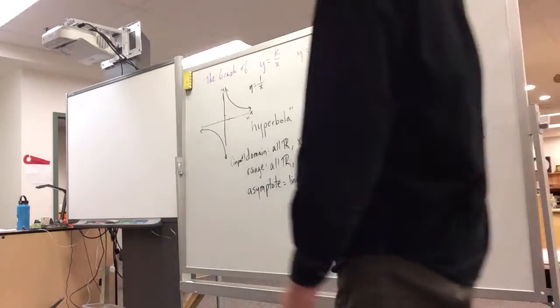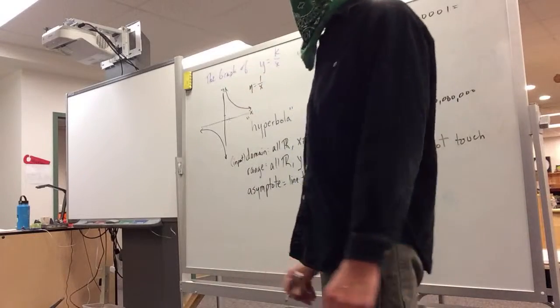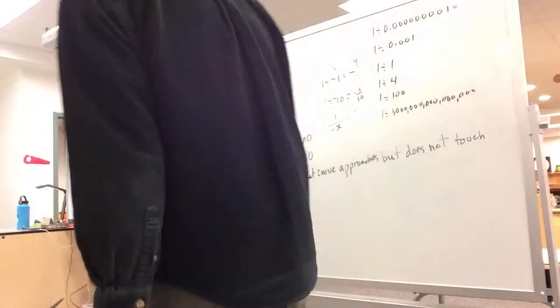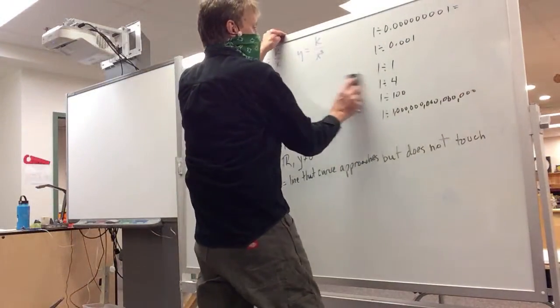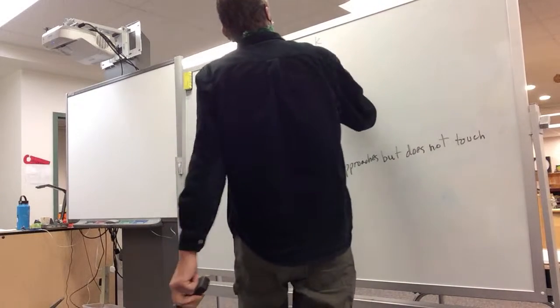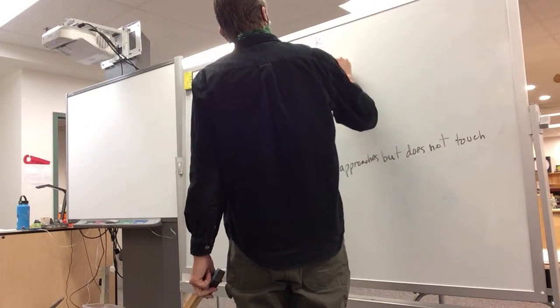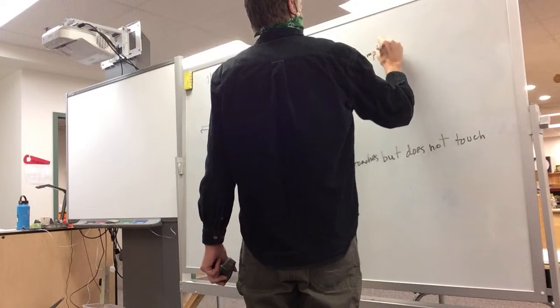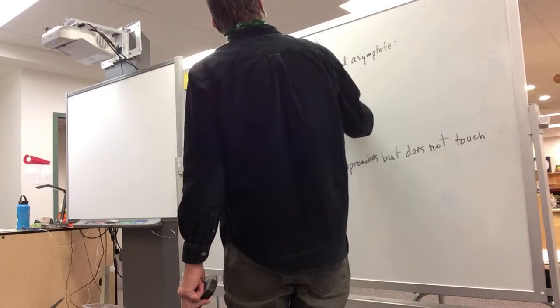And these kinds of functions have asymptotes. So I'm going to do a little bit of writing up here, get rid of some of this. And we're going to say what the vertical and the horizontal are.